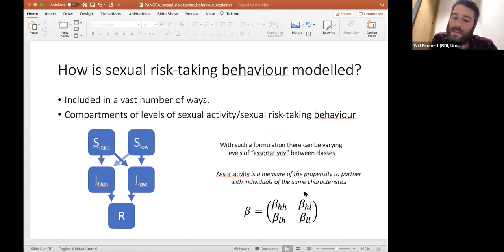And this sort of formulation gives rise to the idea of assortativity between different groups. This is a measure of propensity for individuals to partner with individuals of the same characteristics. So if you have high assortativity, individuals who are both from the high sexual activity class would partner together, and if you had low assortativity, it would be more like random mixing.